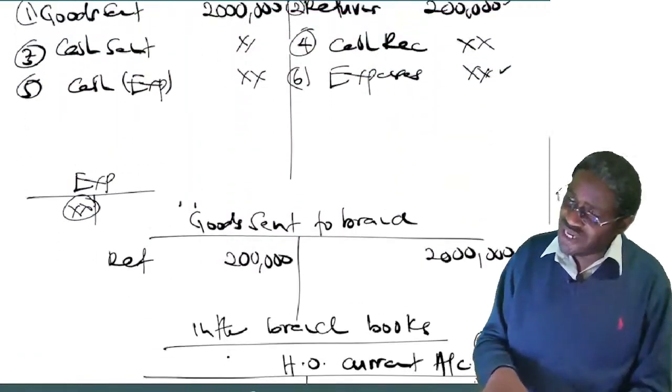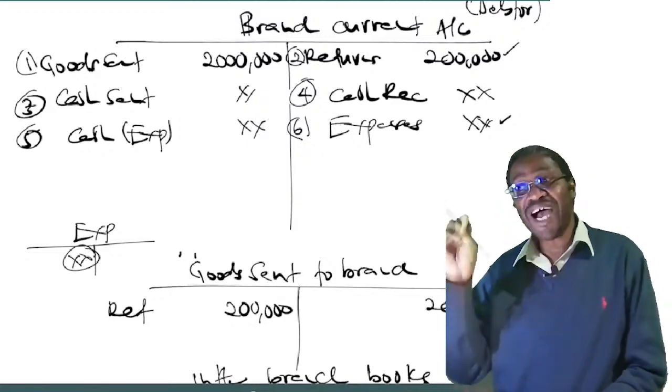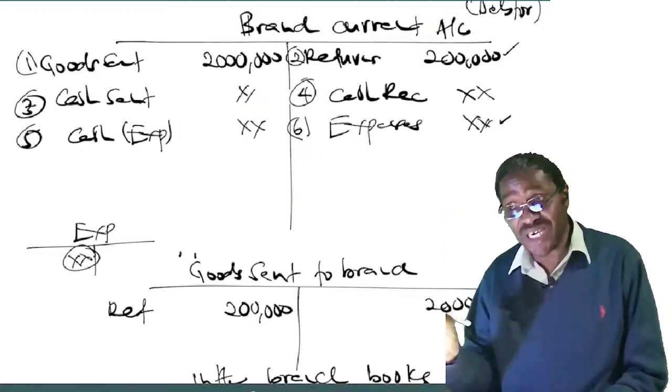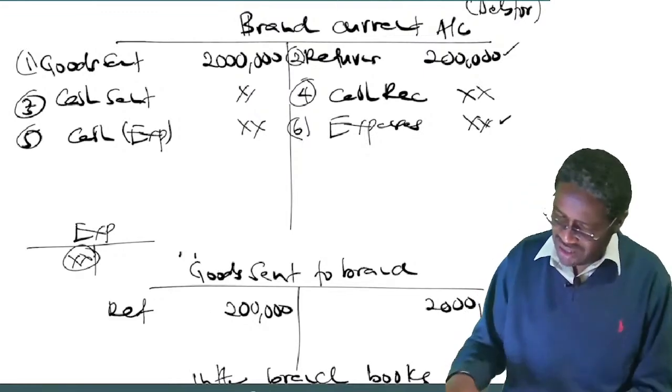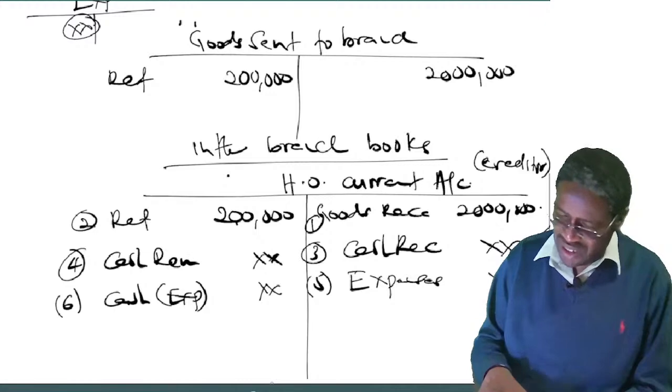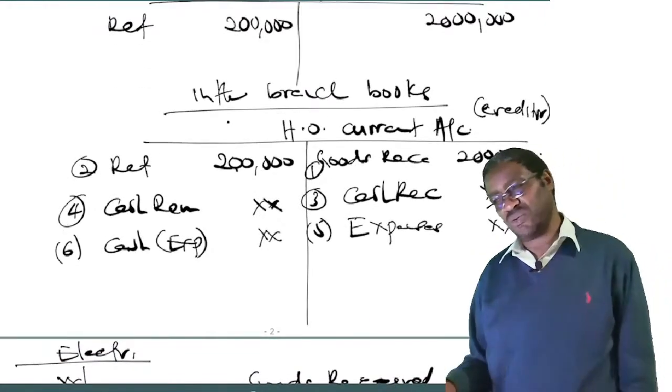That which has been credited in the branch current account has now been debited in the head office current account.